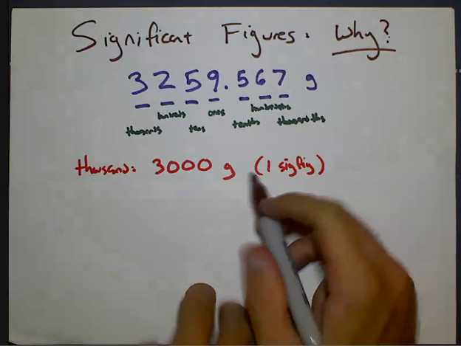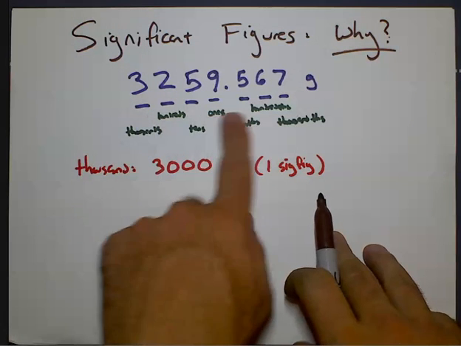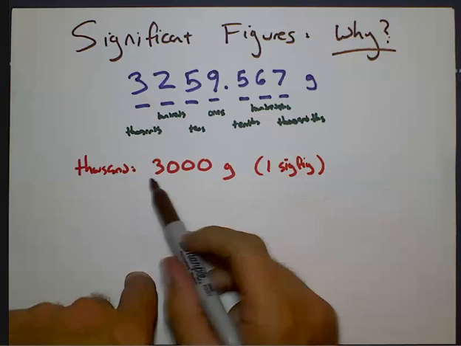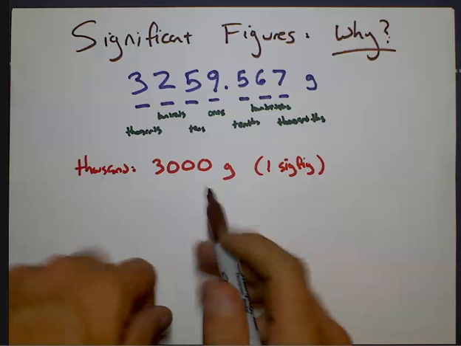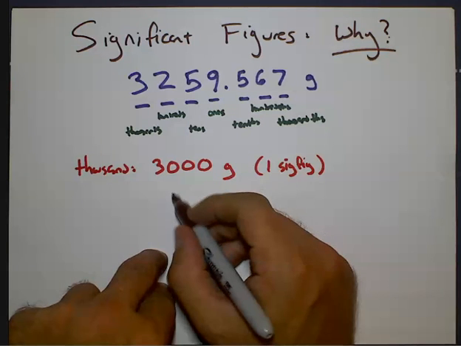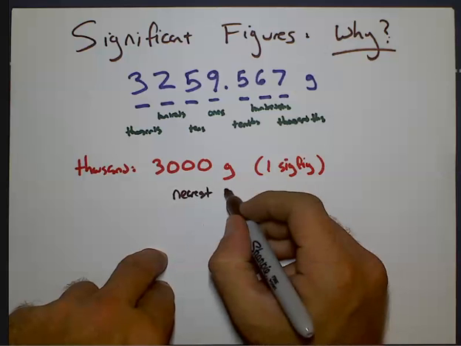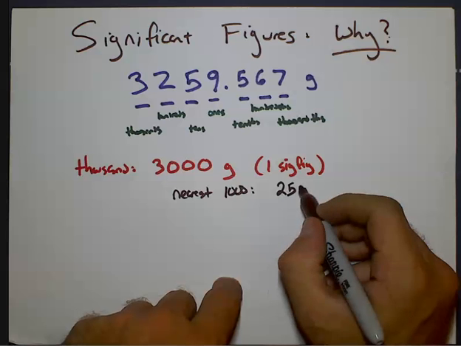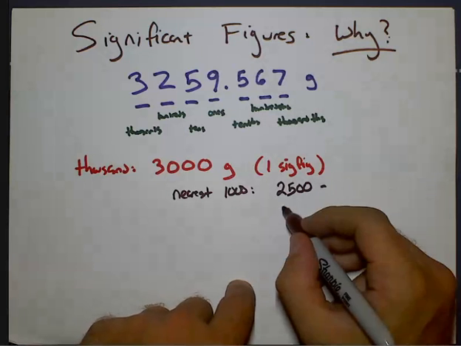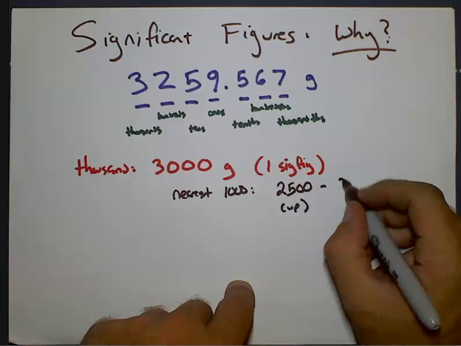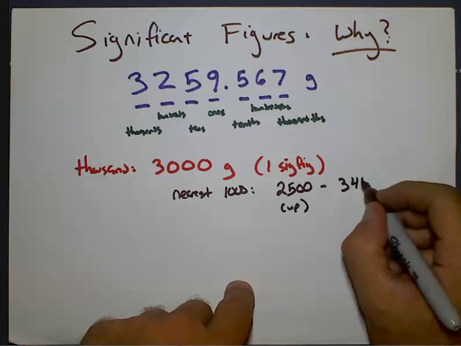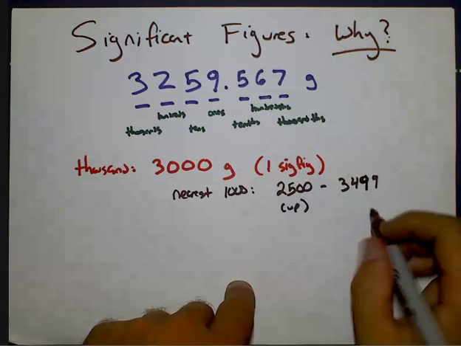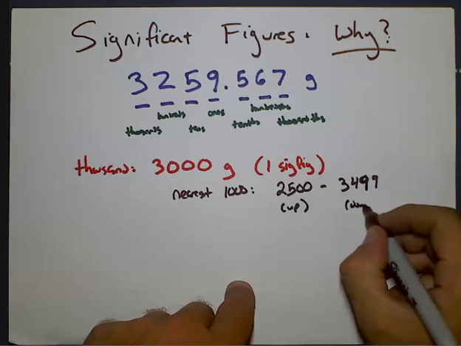Keep in mind, it's only because we know our original number that we end up rounding to this 3,000. If we just saw the number 3,000, something that was rounded to the nearest thousand, that could be a number anywhere from 2,500 rounding up, all the way up to 3,499 rounding down.